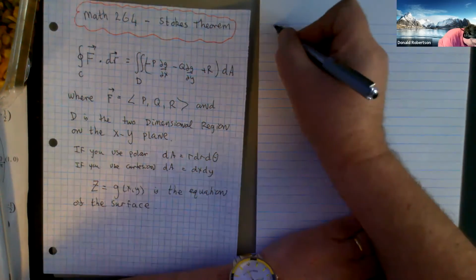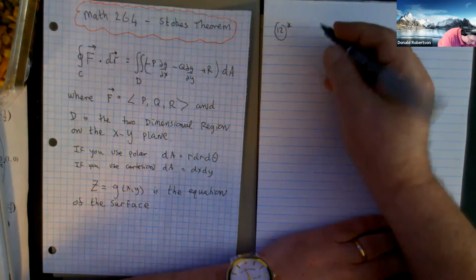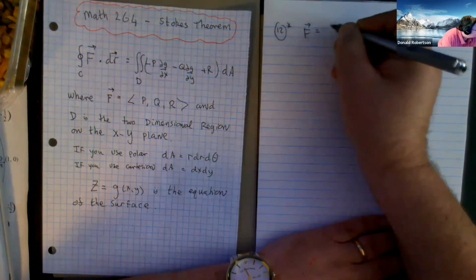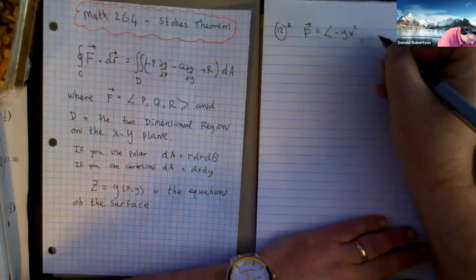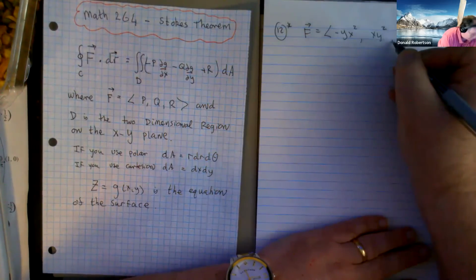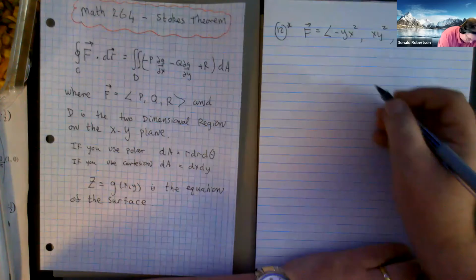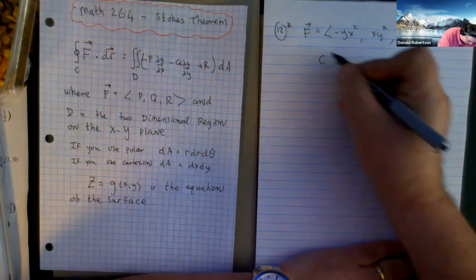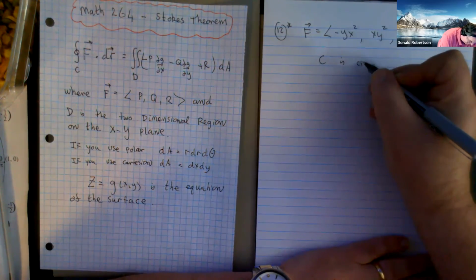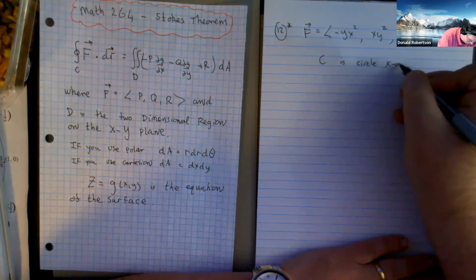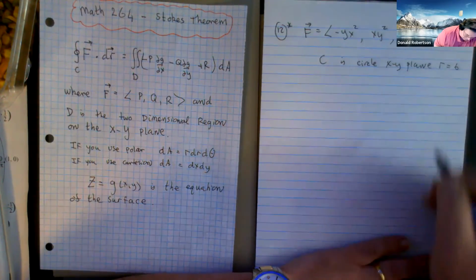To 12. What we got? We got a vector field, negative yx squared, xy squared, e to the xy, and C, the curve C, is the circle in the xy plane with a radius of 6.